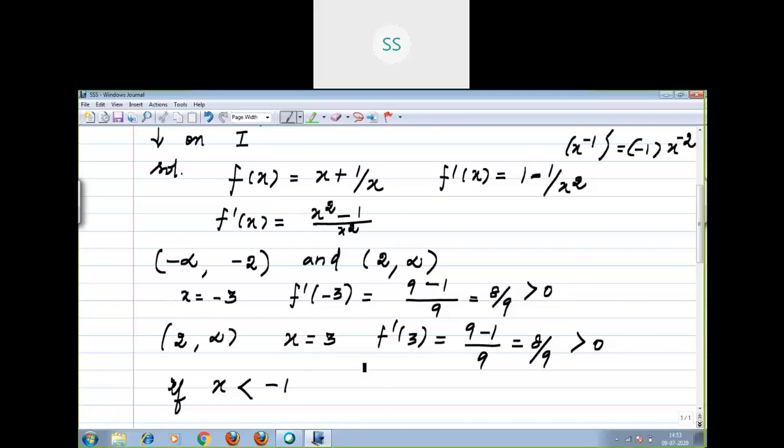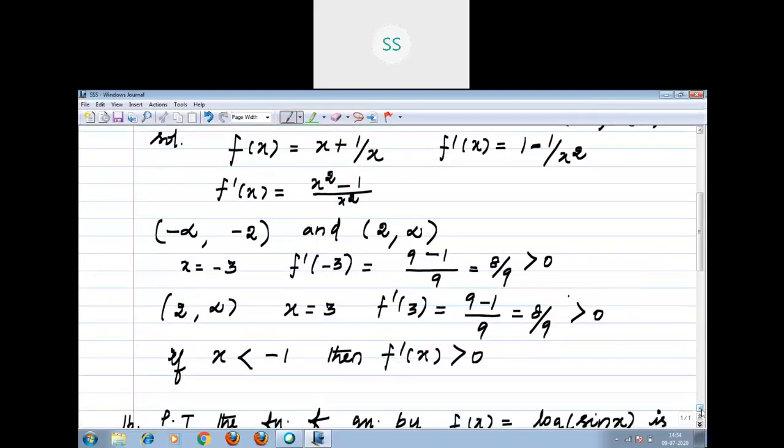Now, x less than minus 1, the derivative is greater than 0. You cannot assign 1 and minus 1, those should be eliminated. So you can assign only values like minus 2.